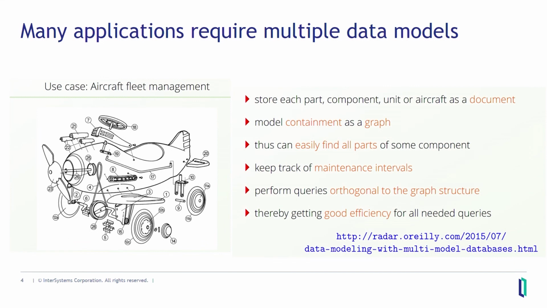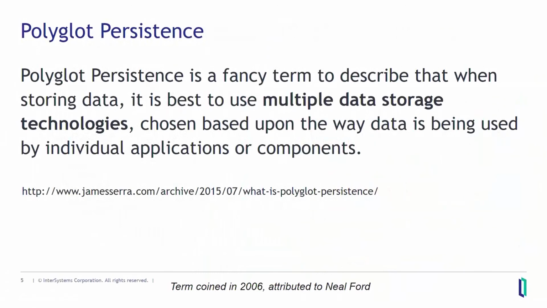The maintenance intervals, time series, and you get the idea. So in most applications, whether you're doing this explicitly or implicitly, you as a developer are mapping and creating data models that fit the problem.